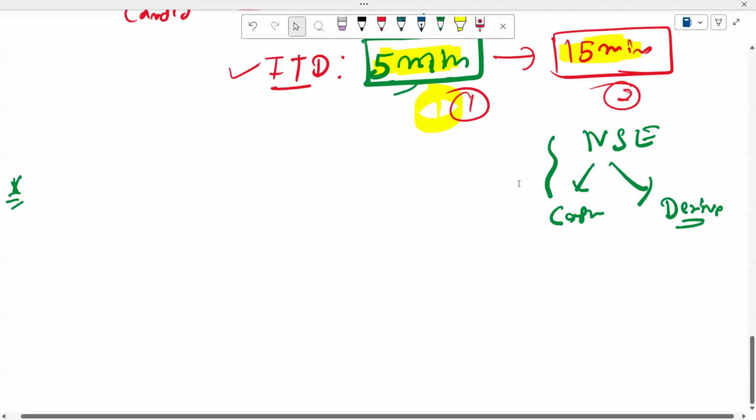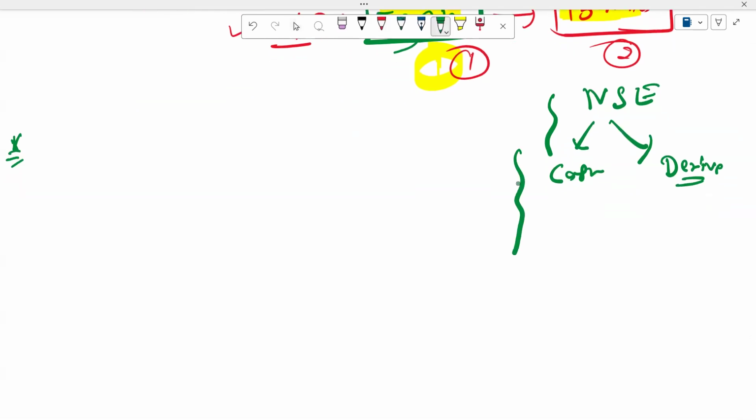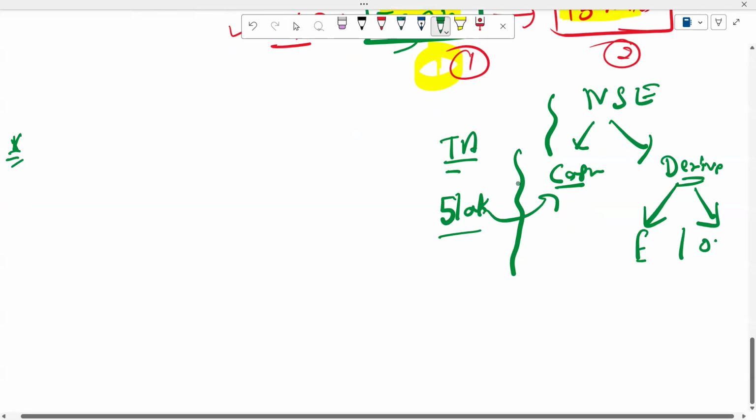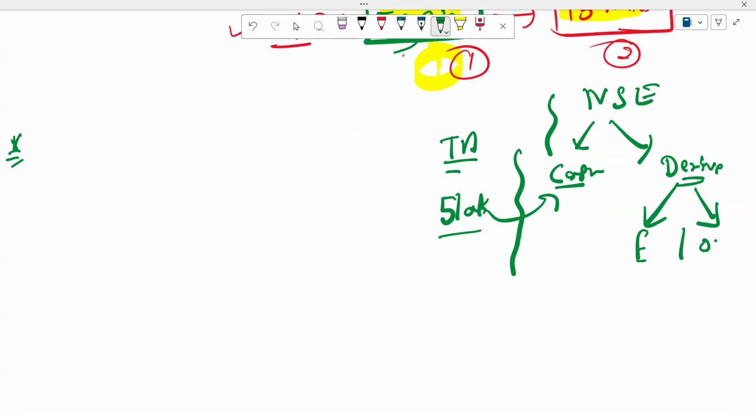Okay, if you are doing technical analysis, I want to tell you to be in the derivative market. Why? Because you have futures and options. In the cash market, if you have 5 lakh rupees, you can only buy 5 lakh rupees worth of stocks. But traders love leverage.